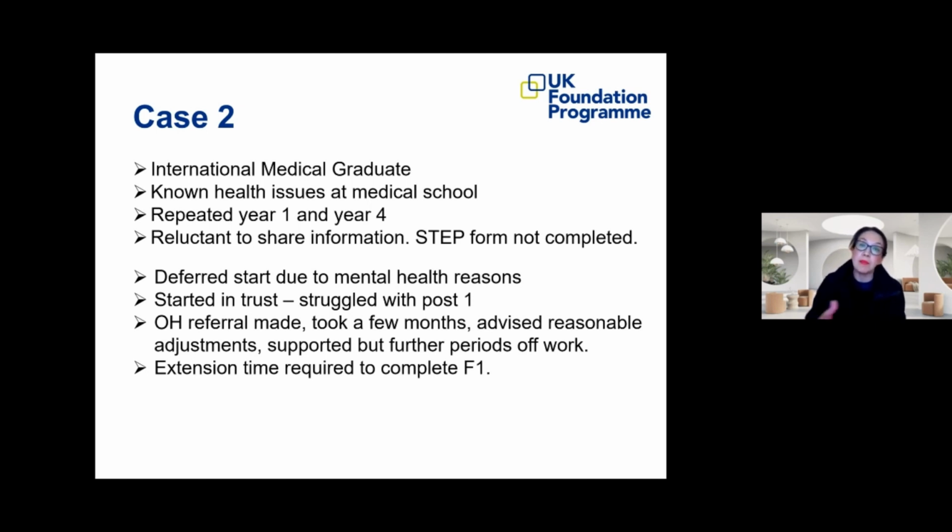And as I mentioned, because sometimes these processes can take a little bit of time, it did take quite a few months for reasonable adjustments to be identified and implemented, by which point this individual had quite a significant period of time off work and then needed an extension time to complete F1. So we were able to support them, but it just took a lot longer. It did mean that the path to getting there was longer and trickier than being able to identify these things early on.